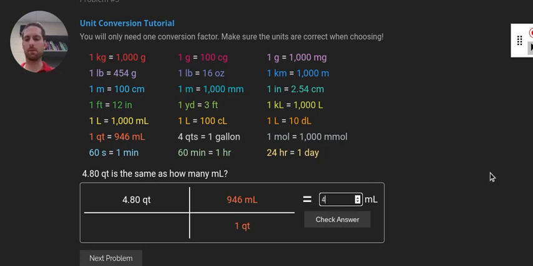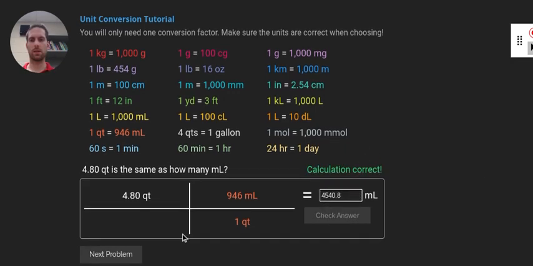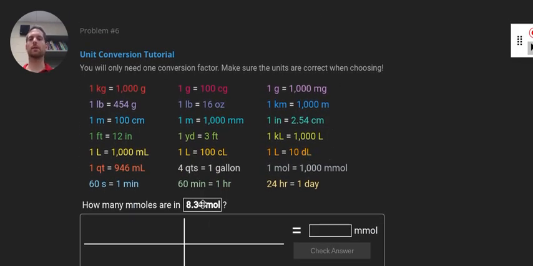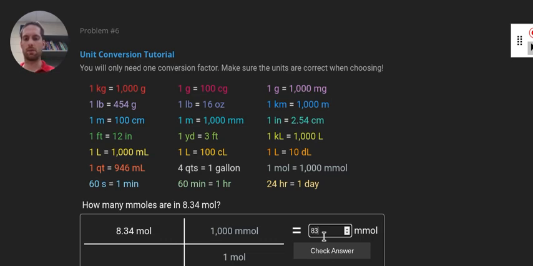So 4540.8. So millimoles, want that on top, moles on bottom. It's going to be moving this decimal over 3, so 1, 2, 3. 8,340.